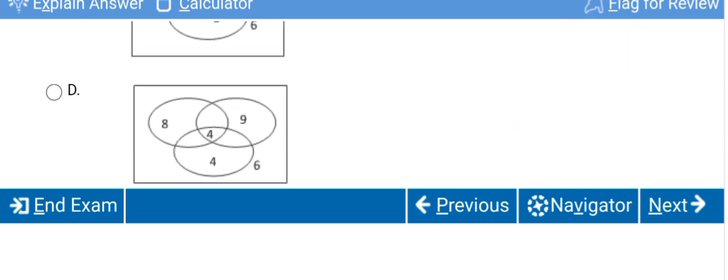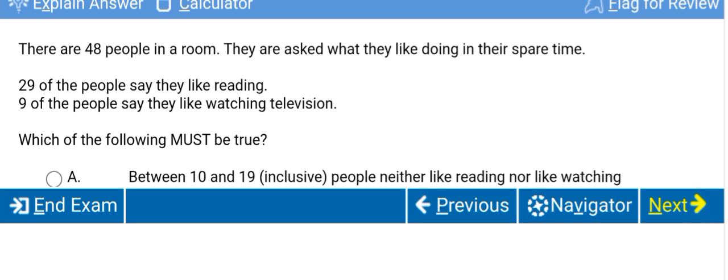Okay, next question we have is question number 18. It says there are 48 people in a room.